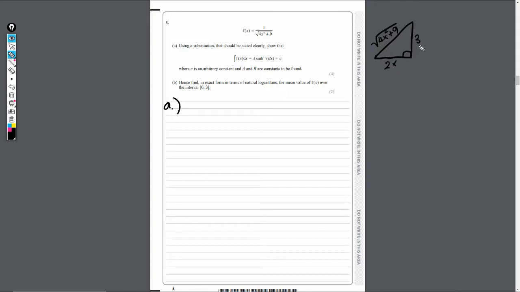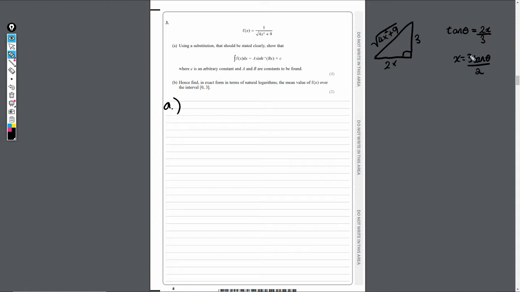Now I can get this in terms of tan theta. What will tan theta be? Well, that'll just be opposite over adjacent, so 2x over 3. And then we can now put this in terms of x for my substitution back into f of x. So x is going to be equal to 3 tan theta over 2.